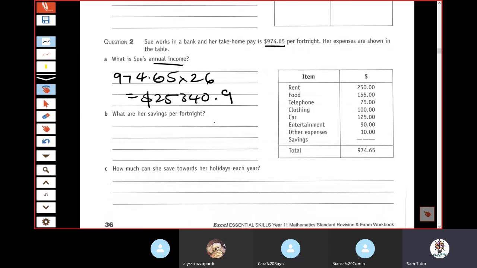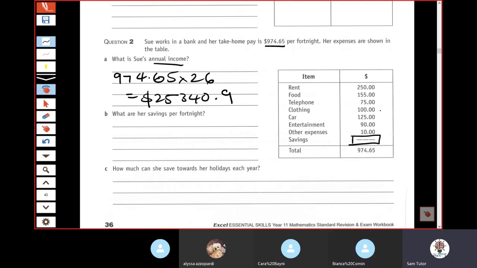What are her savings per fortnight? Does anyone have any idea of how to work out this number? Just do the total minus. Yeah, right. She adds up all this, minus what she earns every 2 weeks, and that will be whatever she can actually save.